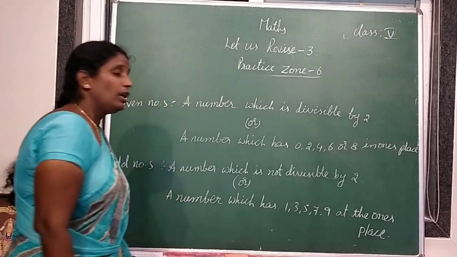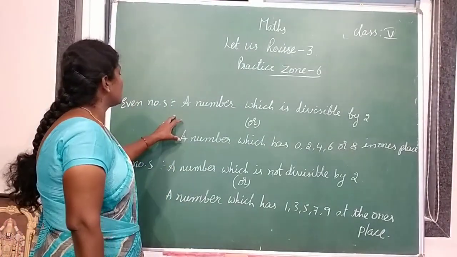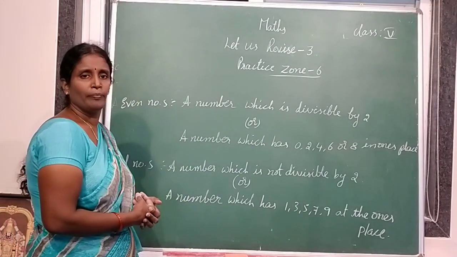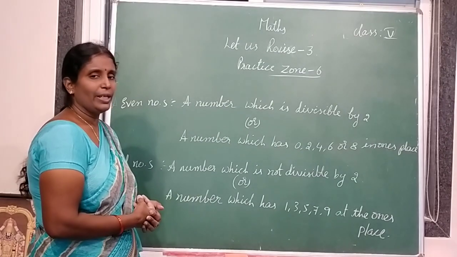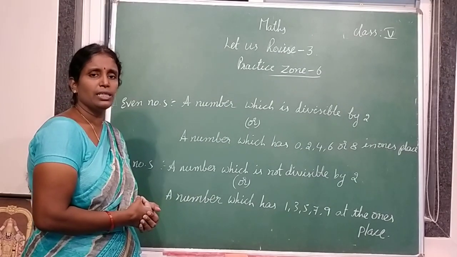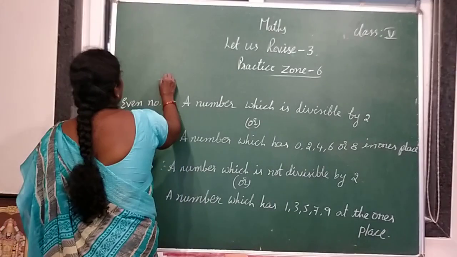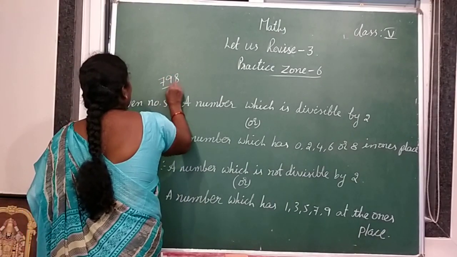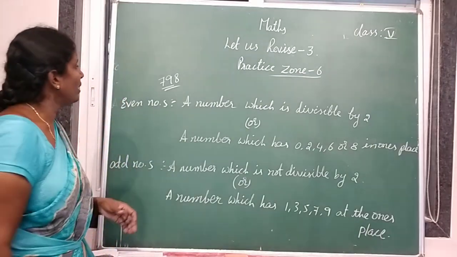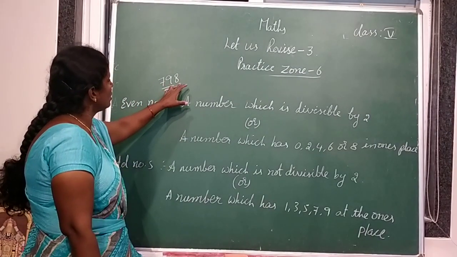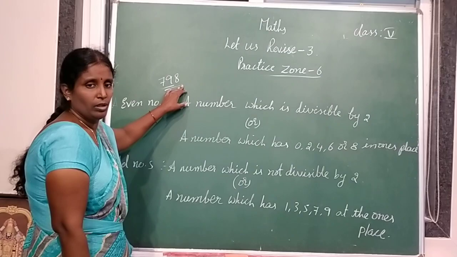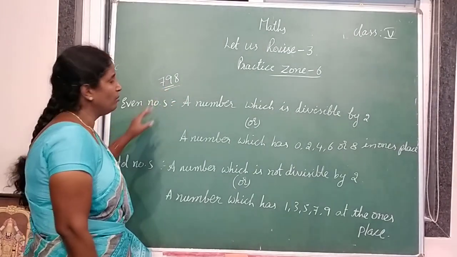Understood? Can you give one example of even numbers? 798. Is it even or odd? Even, because 8 is in one's place, so it is divisible by 2. So it is an even number.